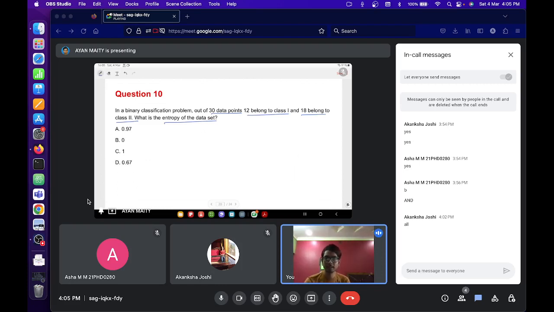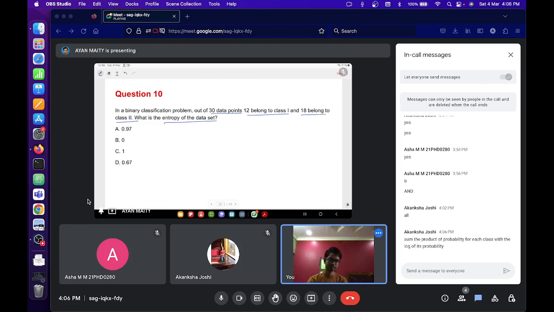So can you write in the chat what is the formula for this? Akanksha has written: sum of the product of probability of each class with the log of its probability.